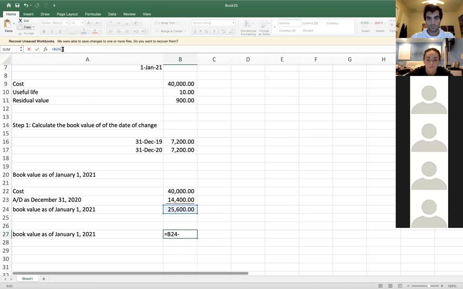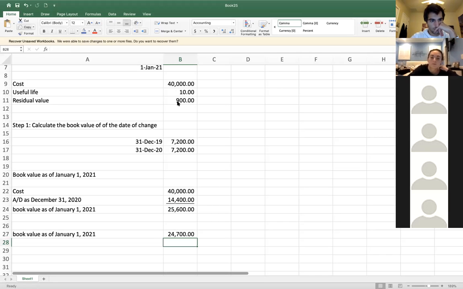Good. The new one. And which residual value? The old one or the new one? The new one. Good, the new one, the 900. Okay, so remember your numerator was cost minus residual value. Now, when we have a change in estimate, it's going to be book value minus my new residual value.